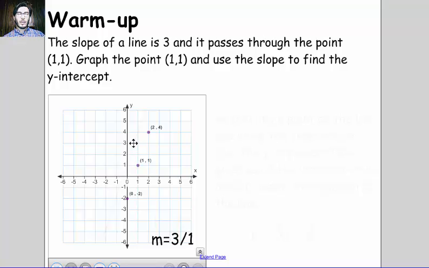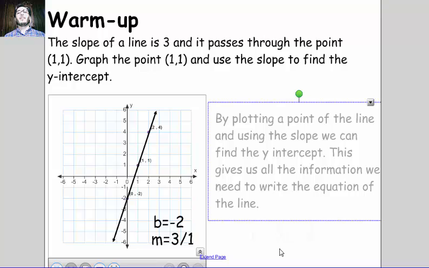So I can go ahead now and connect these points. And there is my line. So it turns out that the y-intercept is -2. Alright, what could we get out of this?